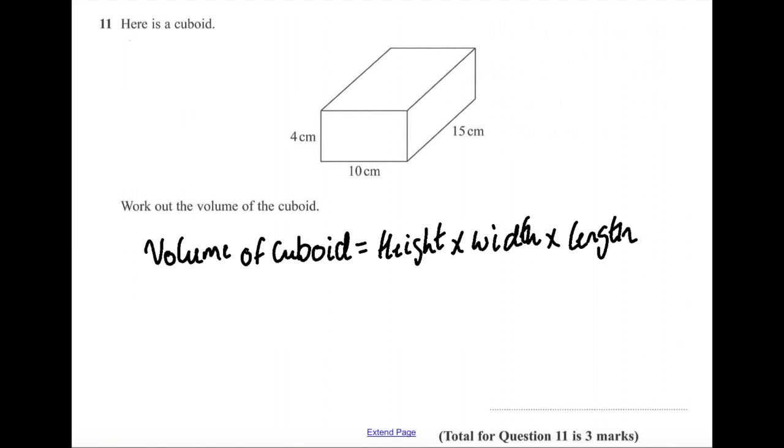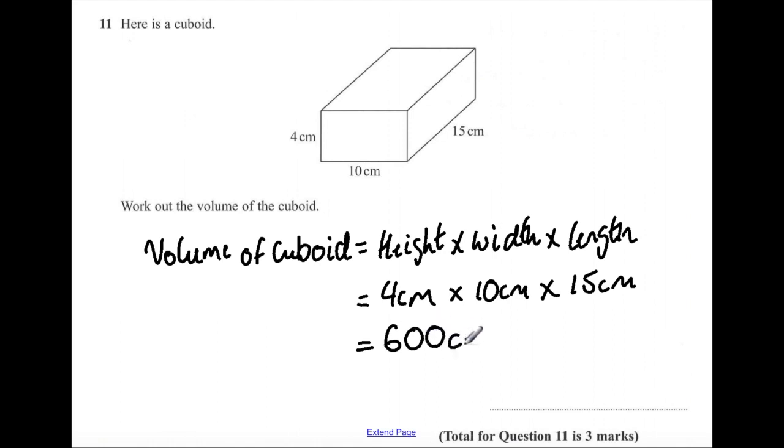Now the height of this cuboid is 4 centimeters, so let me substitute that back into the equation. So 4 centimeters. The width is 10 centimeters and the length is 15 centimeters. Now when you multiply all the numbers together, we should have 600 centimeters cubed. So our final answer is 600 centimeters cubed.